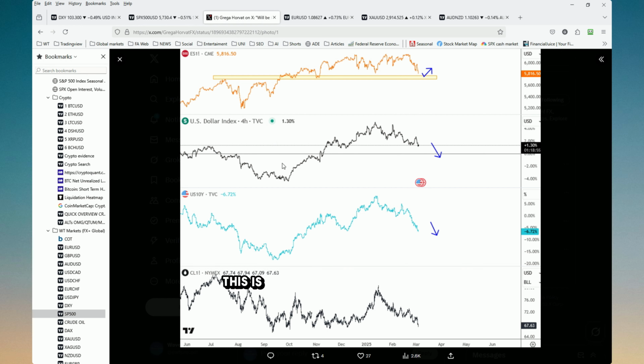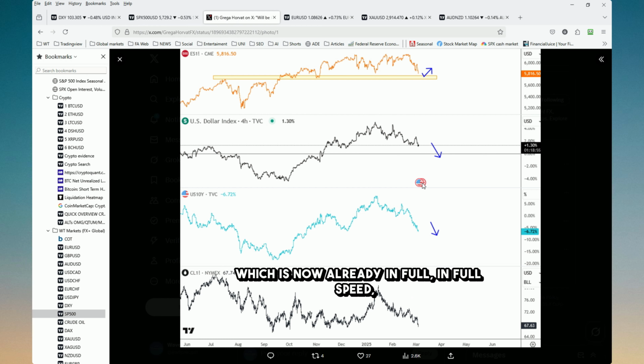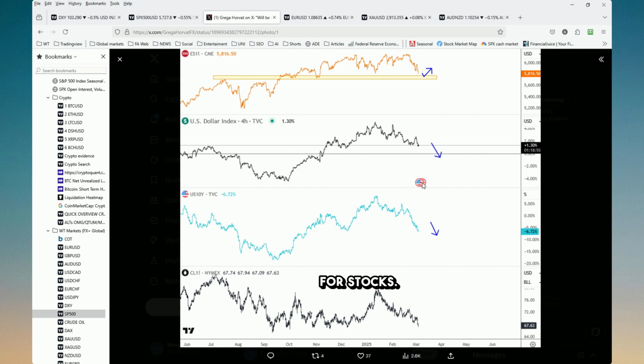Keep in mind that this is an old chart from 2 days back, but still it suggests that because of the dollar weakness, which is now already in full speed, I think that any kind of stabilization on the stock market will potentially force even more weakness for the US dollar, because if the stock market stabilizes and suddenly risk on resumes, there will be new inflows. So traders, investors will be selling dollars in exchange for stocks. So of course, in such a case, the dollar could continue even lower.